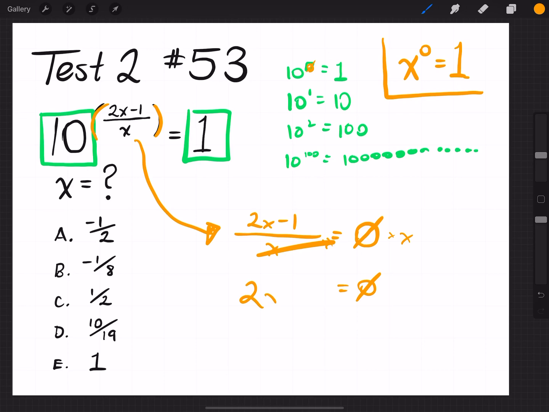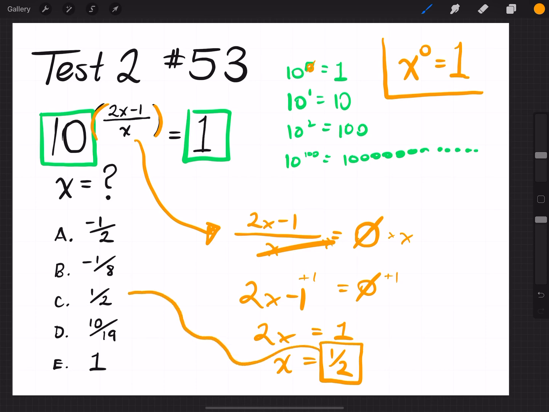Now I have 2x minus 1 equals 0. I'm trying to solve for x, so I get rid of the minus 1 by adding 1 to both sides. I have 2x equals 1, and then I divide by 2 to get x by itself. x equals 1/2, and oh my gosh, that happens to be one of the answer choices, specifically the right answer choice. So that's all you need to do for this one.